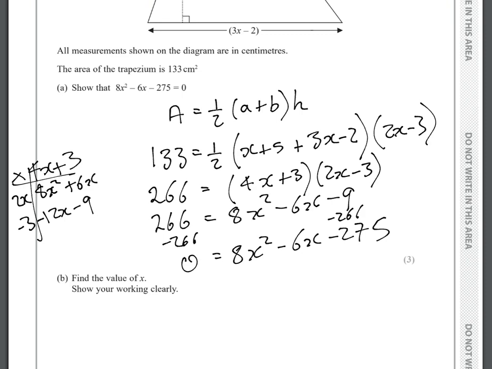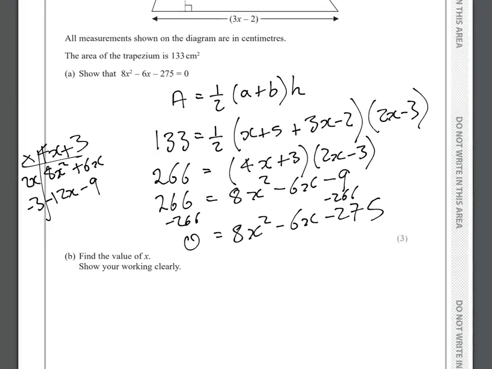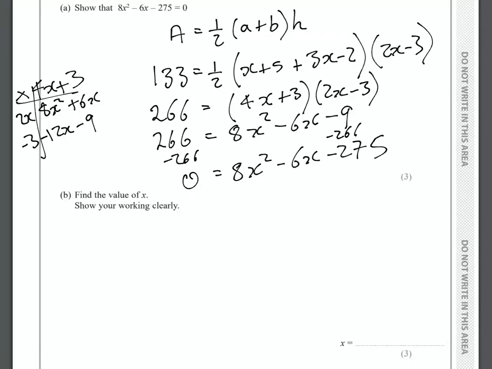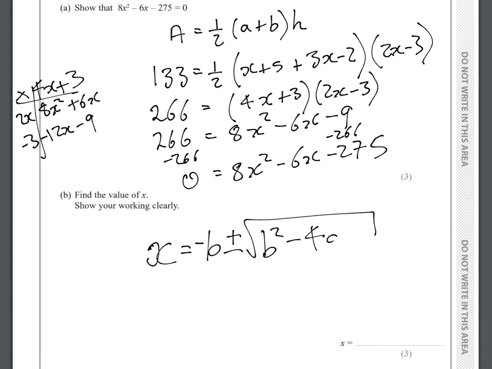Find the value of x. Now, I am going to use the formula because I think it's just easier when you've got big numbers like this. The formula says x equals minus b, it's on the formula sheet, plus or minus the square root of b squared minus 4ac, over 2a.